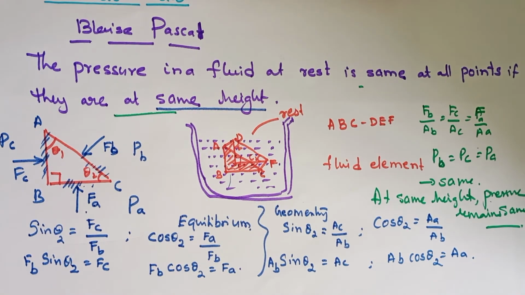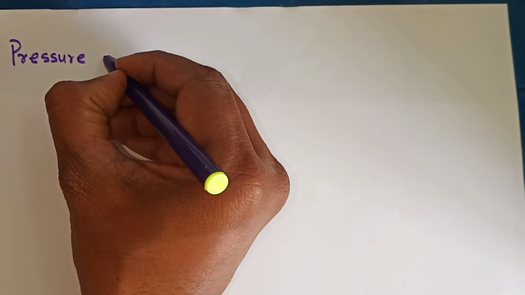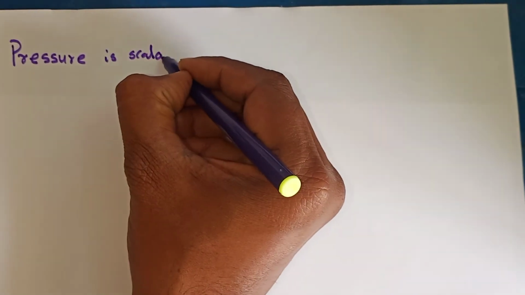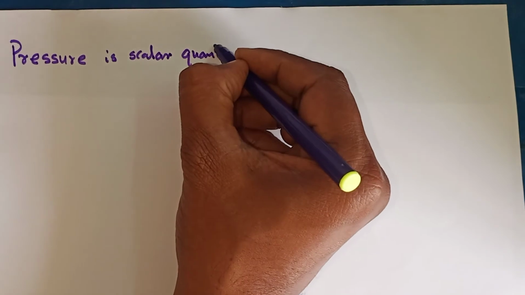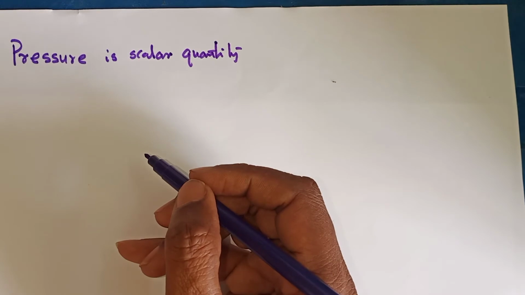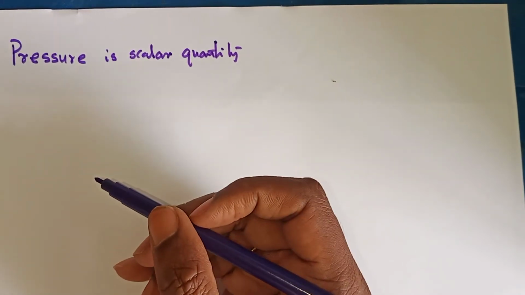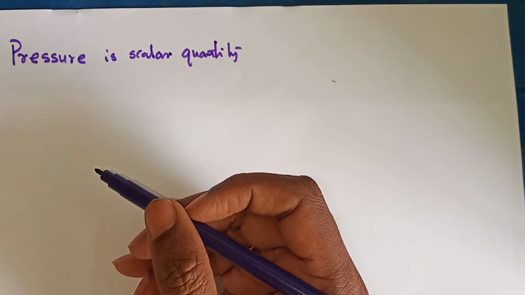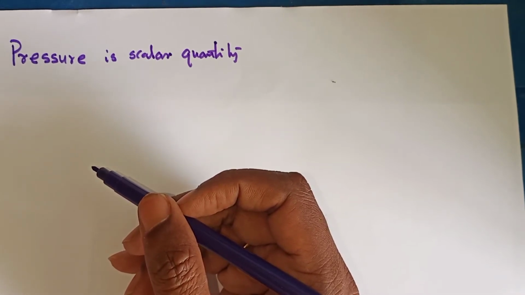The hydraulic brakes in cars are generally a simple application. Area and force are related, so that pressure can be connected in this way. Again, to remind you, pressure is not a vector quantity, pressure is a scalar quantity. It is not mentioned with direction, because the force can act in so many directions, it cannot be defined as a single direction, right?